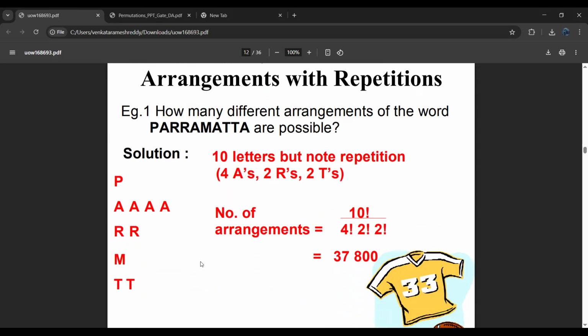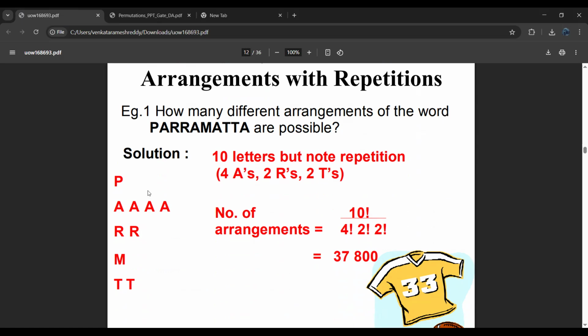See here, how many different arrangements of the word PARAMATTA are possible? How many letters are there? 10 letters, but some letters are repeated. There are 4 A's, two R's, and two T's.